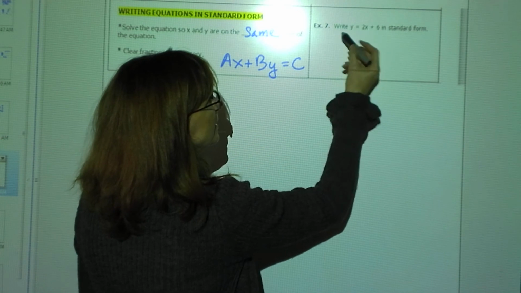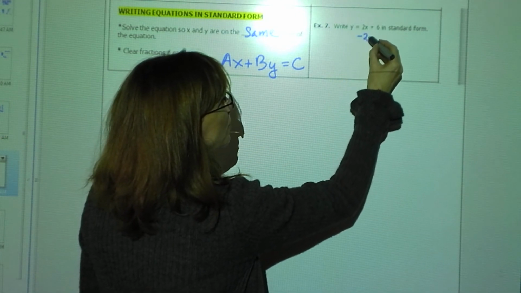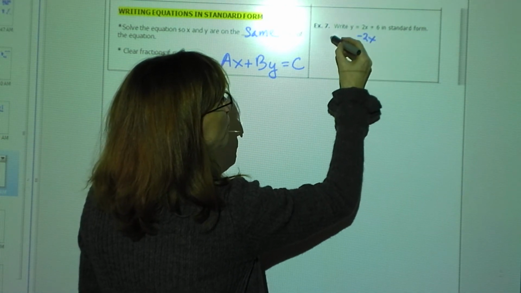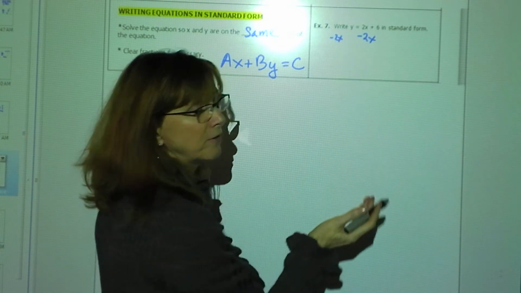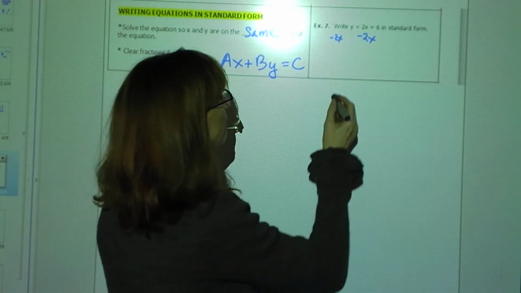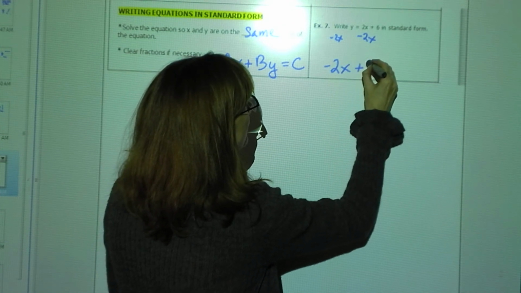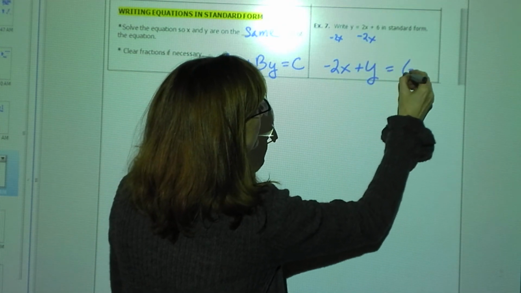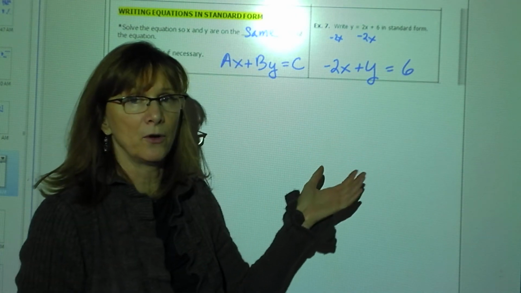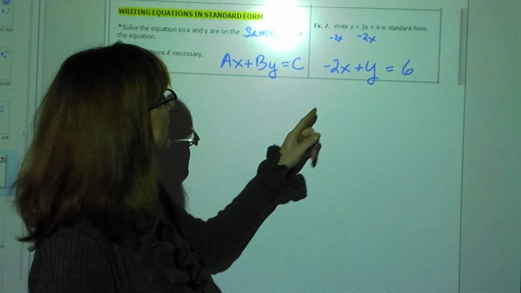The way I'm going to get this in standard form is I'm going to subtract 2x. Remember, whatever I subtract from one side, I have to subtract that same amount from the other side. That's the subtraction property of equality. So I end up with the equation -2x plus y equals 6. Now it's in standard form.